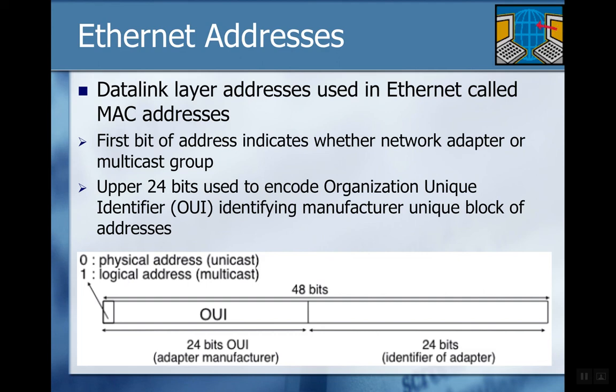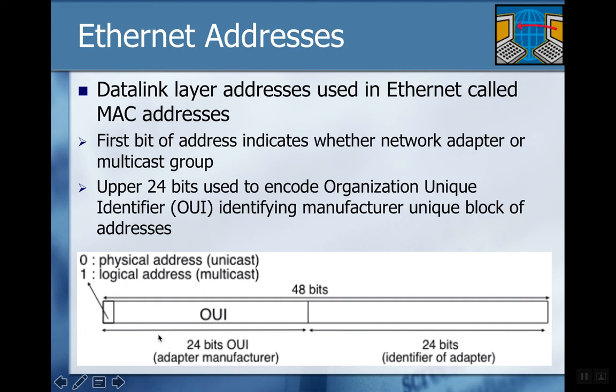Right, Ethernet address, MAC addresses, AKA Ethernet addresses, data link layer addresses. Ethernet addresses and MAC addresses are interchangeable. Basically, it's the hardware address of that particular device. The first 24 bits identify the manufacturer.